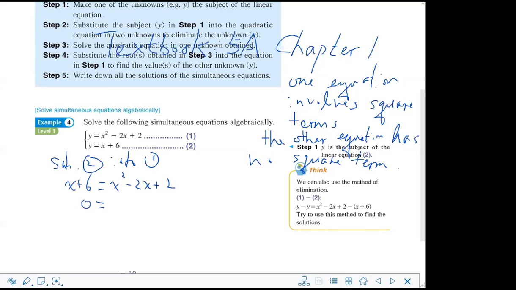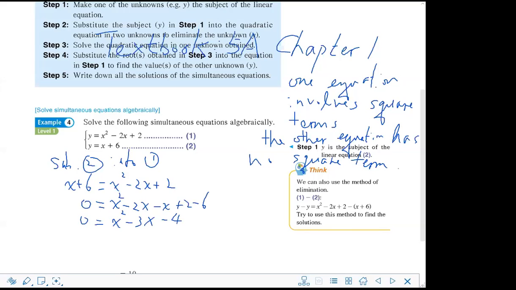So it becomes x squared minus 2x minus x, and then plus 2 minus 6. Simplifying the like terms, it is x squared minus 3x minus 4.